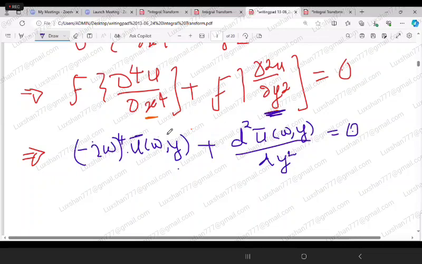For one variable it is with respect to x, the other with respect to y. When it is with respect to y, we just write it this way. When it is with respect to x only, we write it the other way.